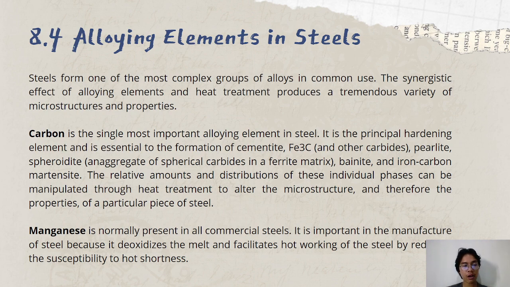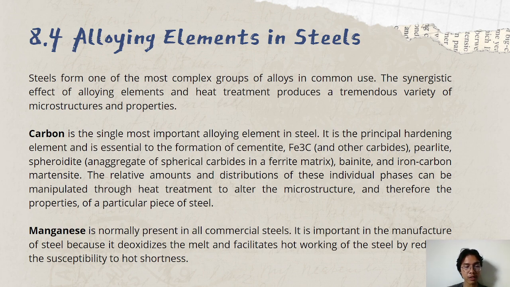It is the principal hardening element and it is essential to the formation of cementite, Fe3C, and other carbides, pearlite, spheroidite, which is spherical carbides in a ferrite matrix, bainite, and iron-carbon martensite. The relative amount and distribution of these individual phases can be manipulated through heat treatment to alter the microstructure and therefore the properties of a particular piece of steel.